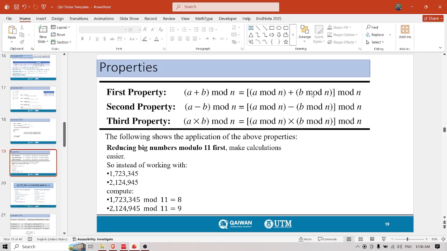And what do we mean by this? Just take a look at it. For subtraction it would be the same, only here changed. For multiplication it would be the same, and only here changed. We will explain the first one and then we will go with the other ones.